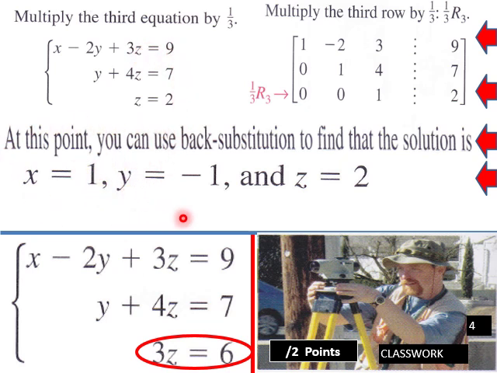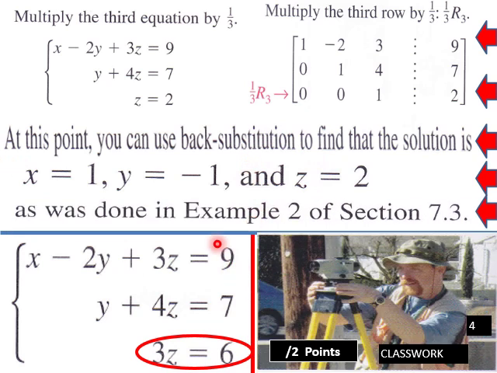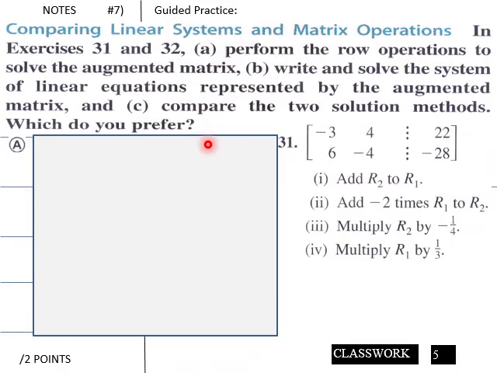So now we have our ordered triple here, as was done in example 2 of section 7.3. So that'll be the way of back substituting. Once you find one variable here, z, you can put that up here and solve for y. And then when you know y and z, you can put that up here and find x. That's kind of the Gaussian method there.